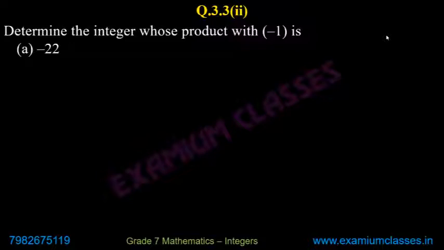It's so easy. Give me the answer quickly. Akanksha, think again. Whenever you have confusion, just have that. Samarth, correct. Good. The question says, determine the integer whose product with minus 1 equals minus 22.